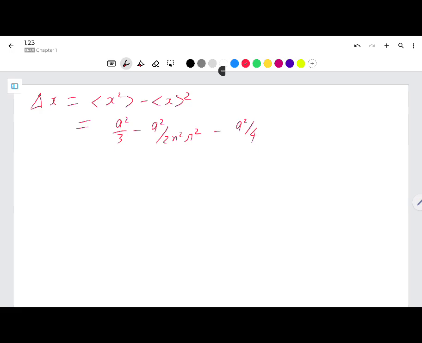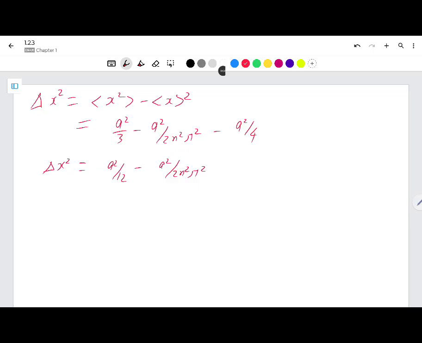So this will give us a squared by 12 minus a squared by 2n squared pi squared. Right? Okay, fine.